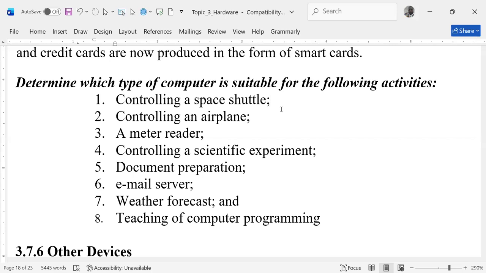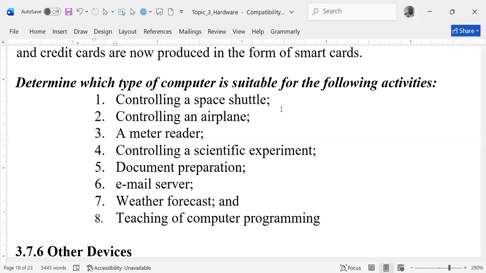Controlling a scientific experiment, if you choose workstation or microcomputer, I will accept. Document preparation or minicomputer: for number 4, minicomputer will suit. Workstation or micro will suit. 5, document preparation, microcomputer.